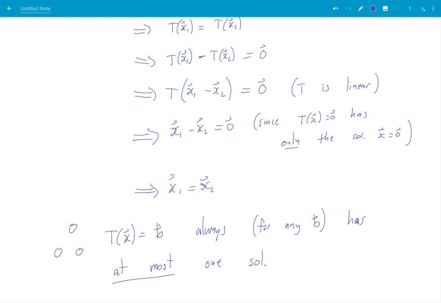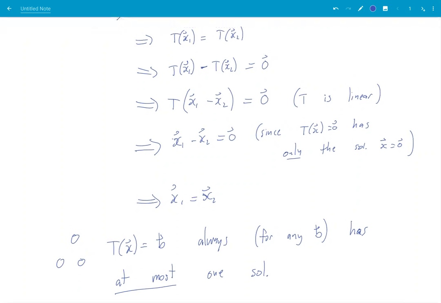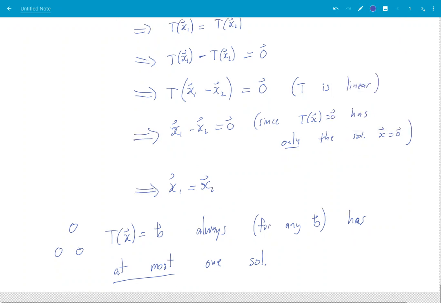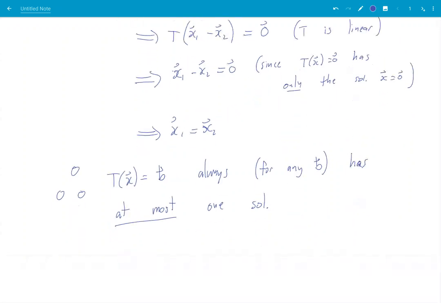Okay, I proved that. I proved that if I have two solutions, then they turn out to be the same. They're not distinct. All right, therefore, T is 1 to 1. Okay, that proves the theorem.